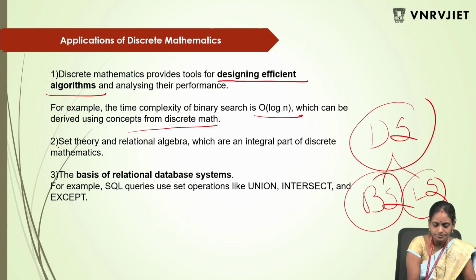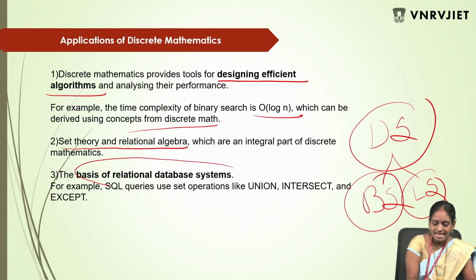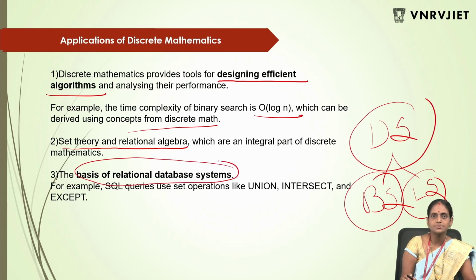The second one is set theory and relational algebra, and the third application is relational database management systems. Where do we use this? If you write queries between tables, that may be a customer table or employee table, whatever it may be, between the tables we perform operations, such as whether there are any common keys or independent keys.